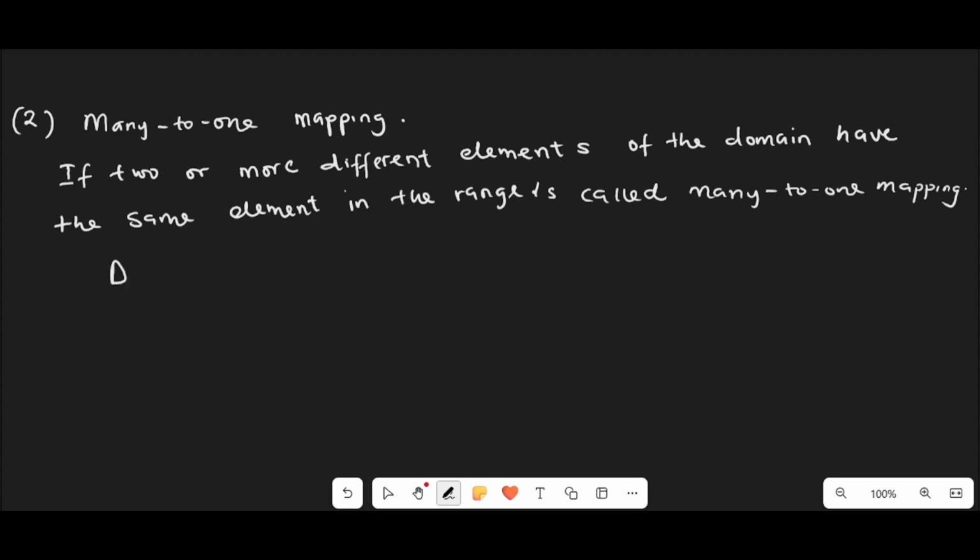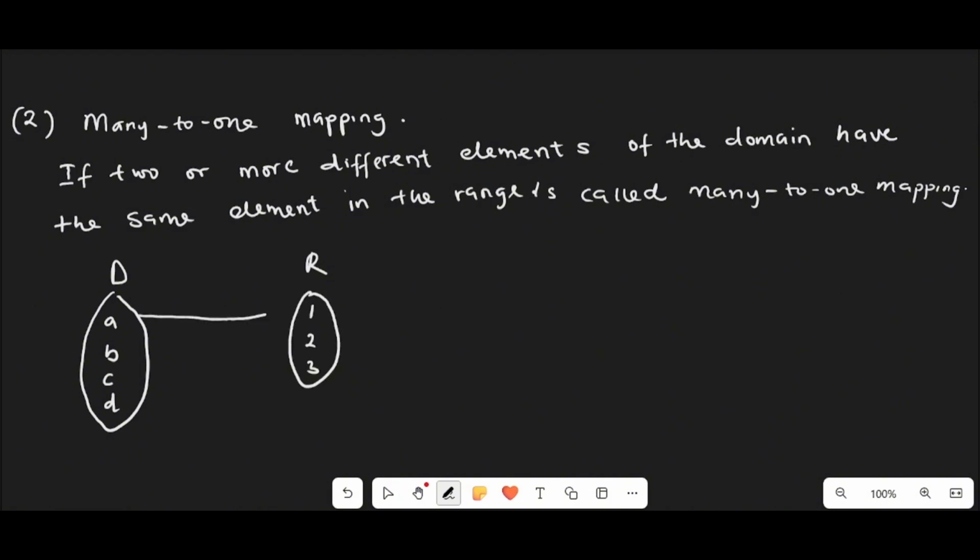The elements in our domain are A, B, C, D. The elements in our range are 1, 2, 3, and A is mapped with 1, B is mapped with 2, C is mapped with 3, and D is mapped with 1.